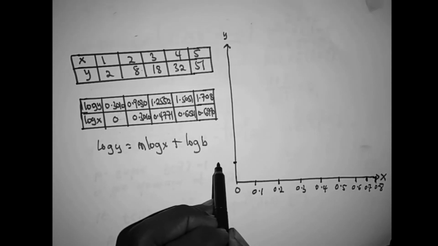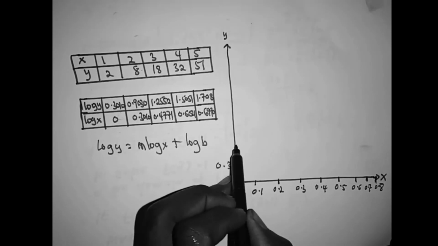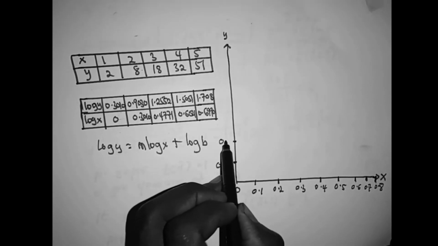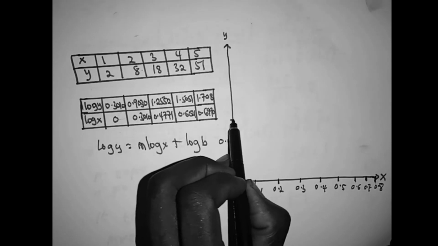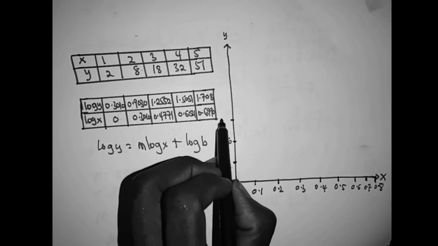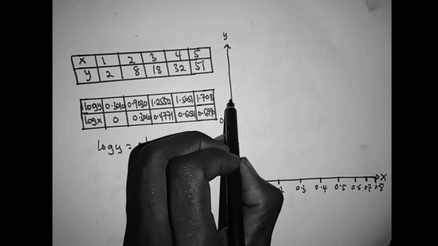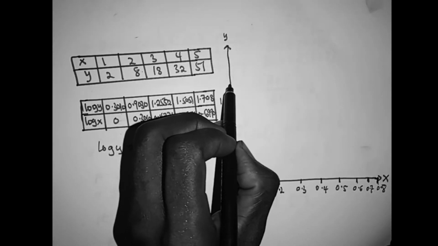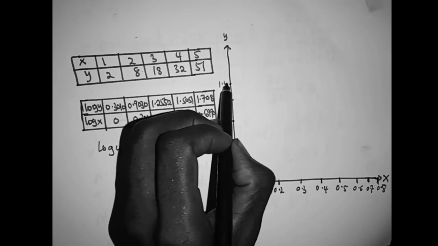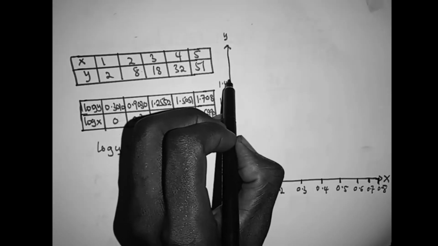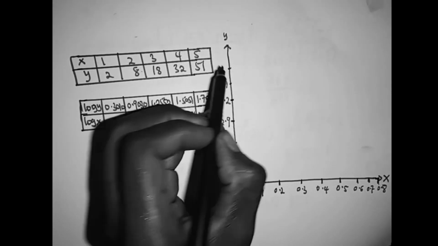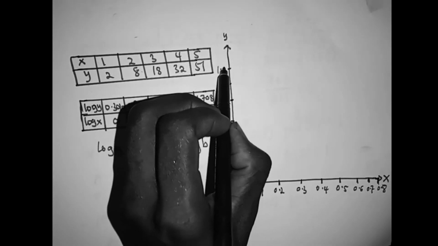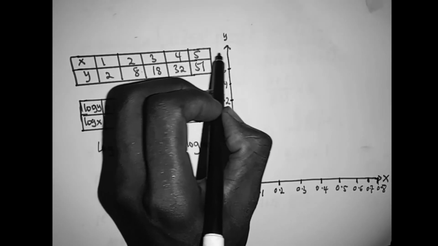So here will be 0.3, then here's 0.6, then this place is 0.9, and here's 1.2.